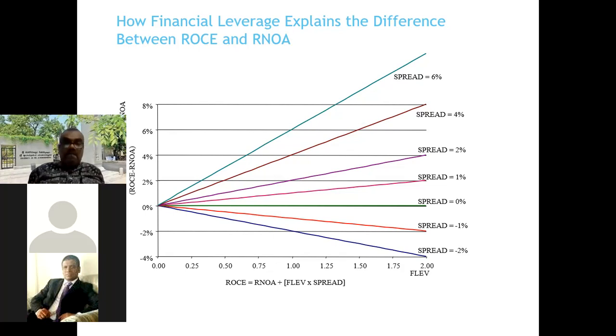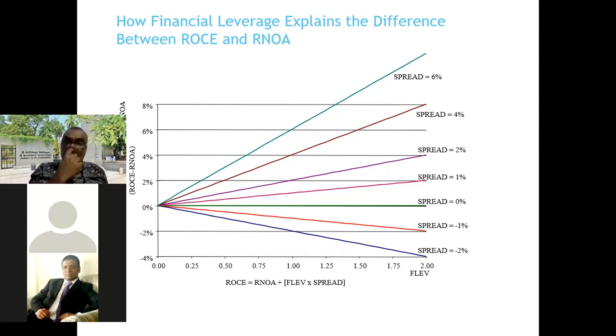What would be the difference between ROCE and RNOA when the financial leverage is 2 with regard to the spread of 6? Well, yeah, 12. That is why it is not seen in the graph. You got the point, right?